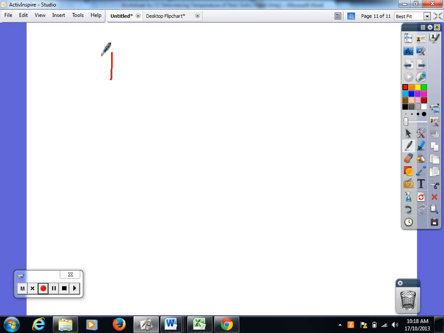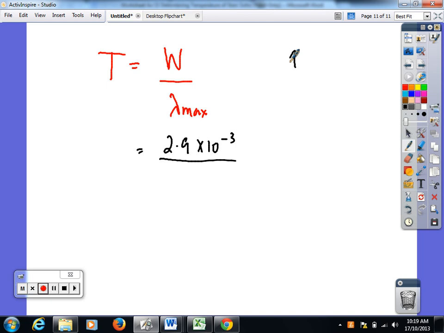Wien's law says the temperature is equal to Wien's constant divided by lambda max. Wien's constant is 2.9 by 10 to the minus 3, and lambda max was 425 nanometers. So what is nano again, by 10 to the minus? 9. Now shove that into your calculator.